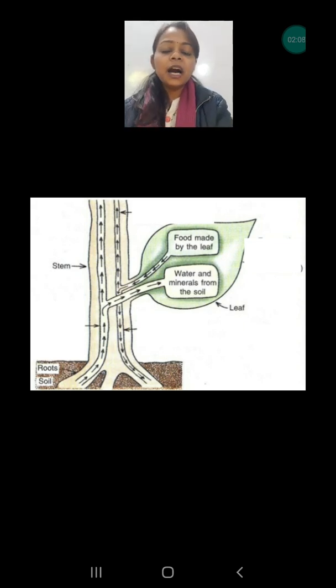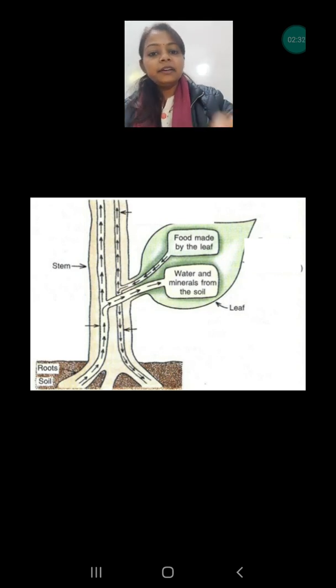These are like tubes. They are narrow tube-like structures which are spread throughout the leaf, and mainly they perform the work of sending the prepared food from the leaf to the other body parts of the plant, and they also spread the water throughout the leaf.